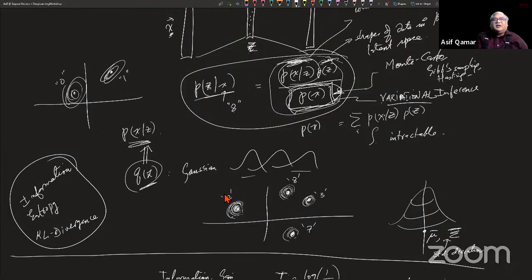So they should have a cluster of some form in the latent factor space. So in that case, you just assume that Q is a distribution of Gaussians, a mixture of Gaussians, that I can presume is a good proxy for the reality.